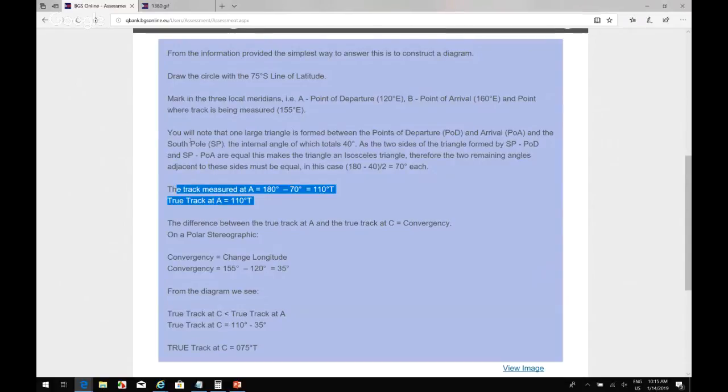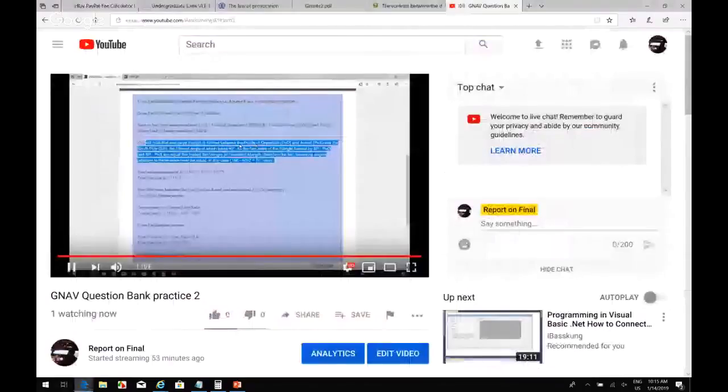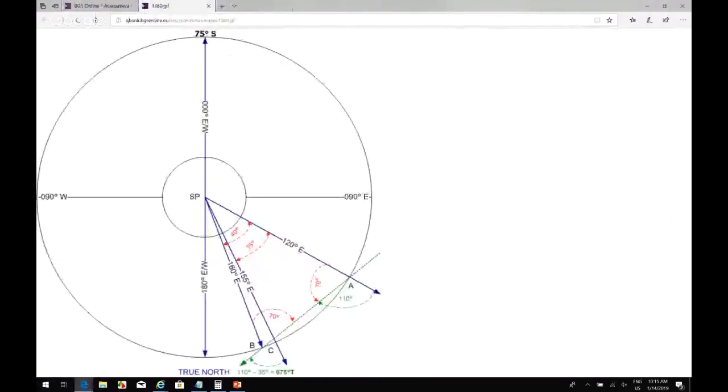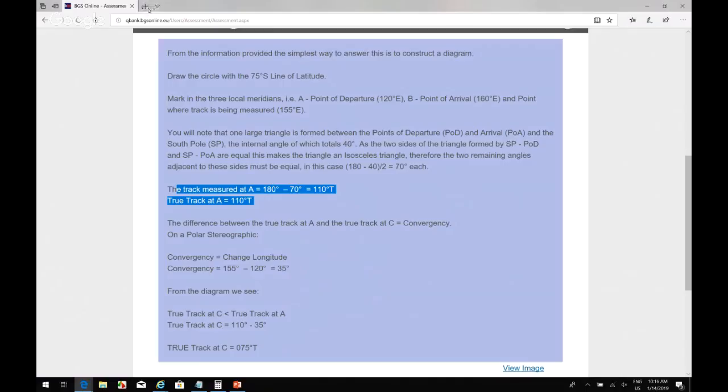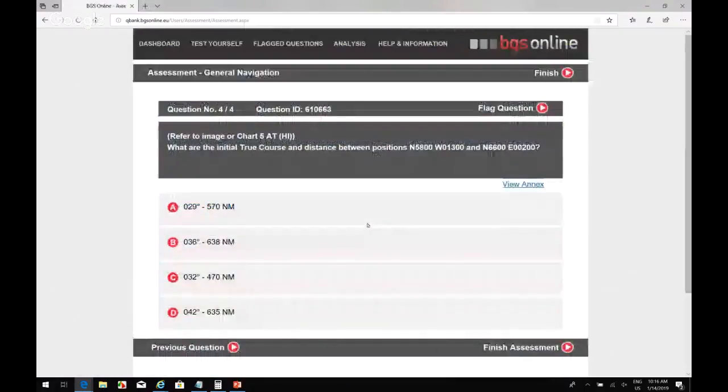True track measured at A equals 180 minus 170. So there's that track. 180 minus 70, 110. Yeah, southern hemisphere, that looks right. So it's going to be increasing and then decreasing. So it starts off at greater than 90, ends up less than 90. It's less than, okay, that's 75. All right, got that wrong. I was oriented upside down.